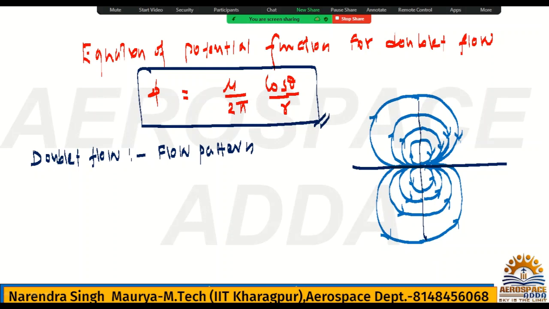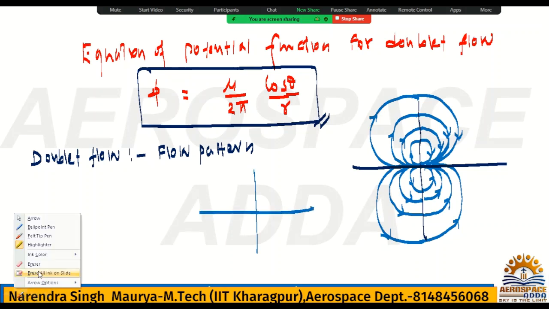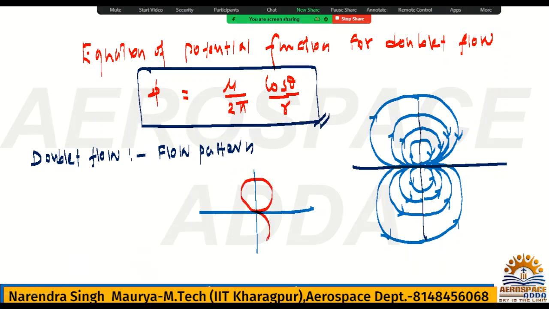So almost, I'm not able to draw that. It is almost one circle. Okay, it is almost a circle, or you can say it is like a shape. If you are able to draw, you can draw like this. Like this.